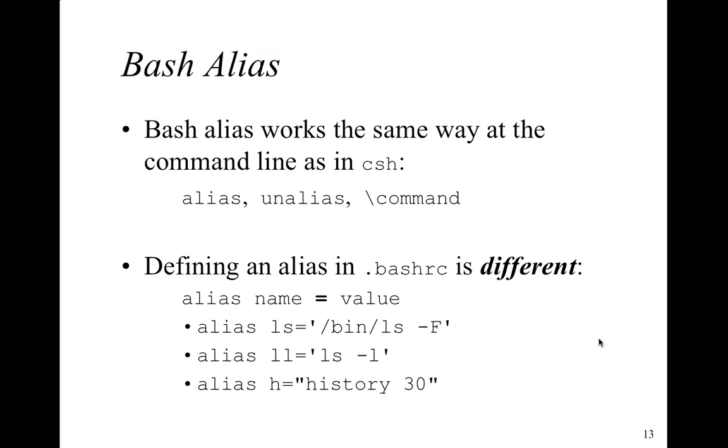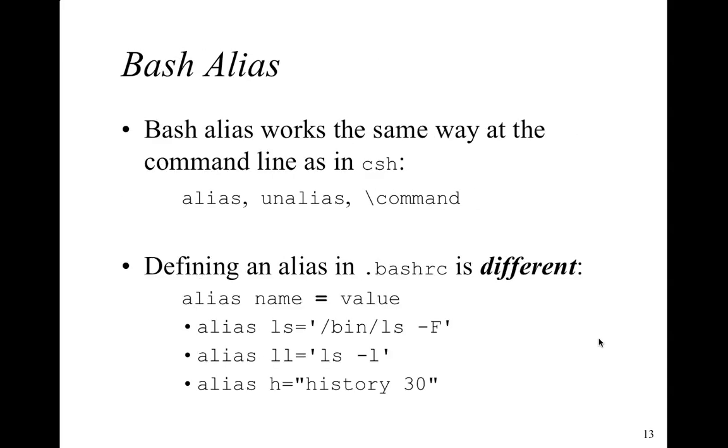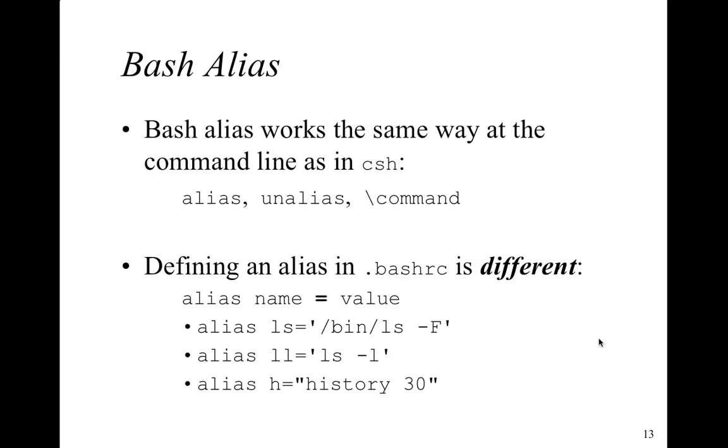So, bash aliases, how this is implemented. The way this lecture goes is I'm showing you the generic stuff that's current, and then going back and comparing it with different shells. So this is what's available in the C shell, in most shells these days. Bash aliases are a little bit different.